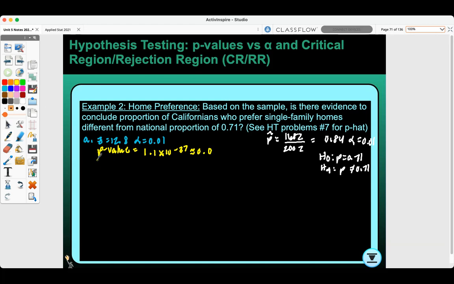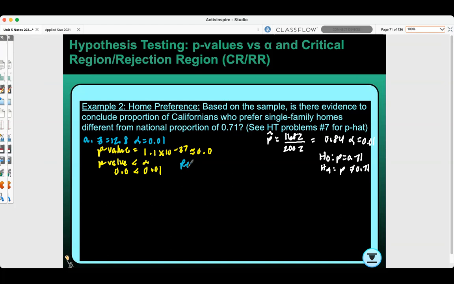So here my p-value was less than alpha because about 0.0 is less than 0.01. So we reject the null hypothesis.